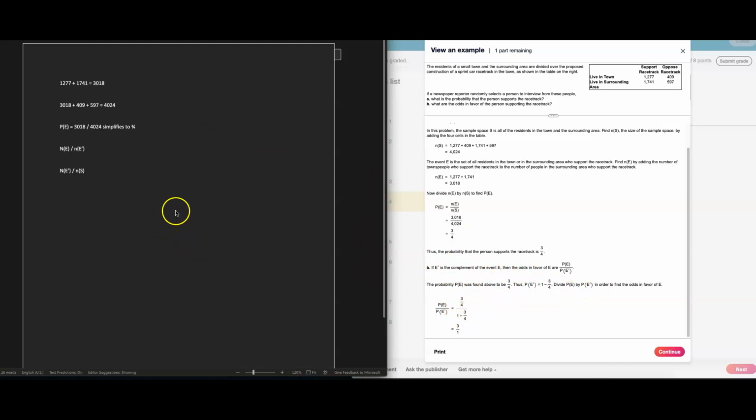So when you're dealing with a probability and you're looking for the complement of a probability, remember that all probabilities of a certain event will add up to 1.